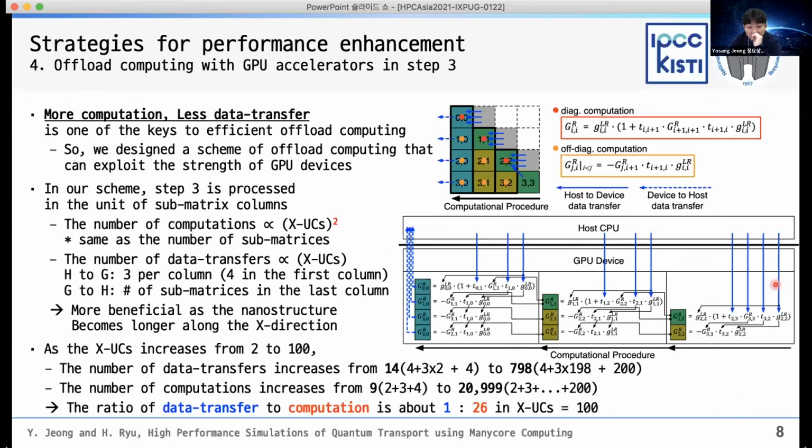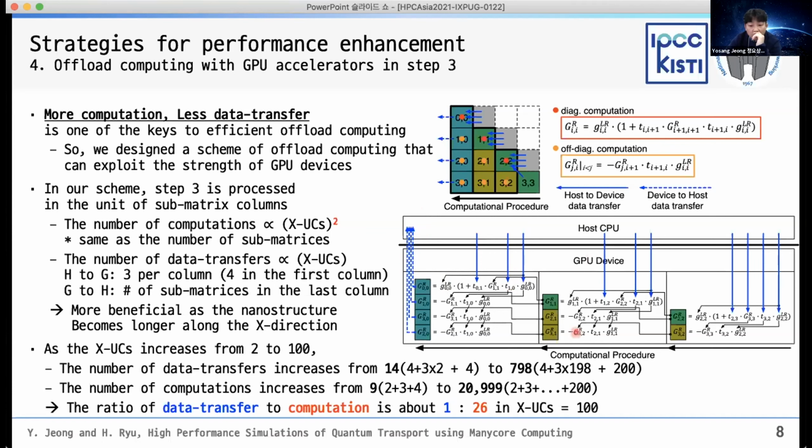In our scheme, step 3 is processed in units of submatrix columns, and computations of submatrices within a single column are executed in parallel. The computation of a submatrix in a single column is conducted with several submatrices that are either computed in the previous column or newly transferred from the host. After finishing all computations, the result data is transferred to the host only in the last column.